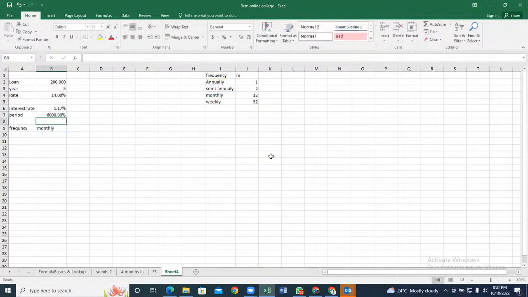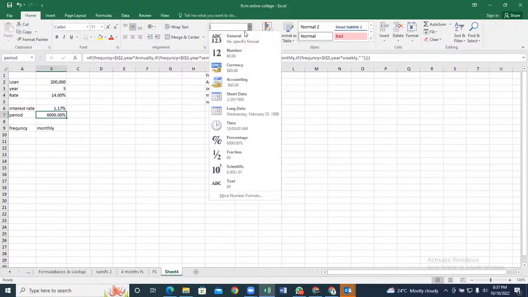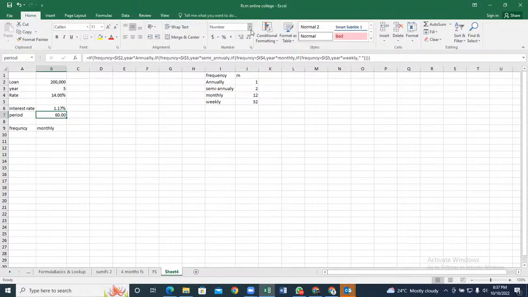So this one here, I must put it in the correct number, not percentage. So let me come and pick number and reduce it to 0 decimal places or to the nearest whole number. Because I've chosen monthly and I have 5 years, it is taking 5 multiplying by 12.